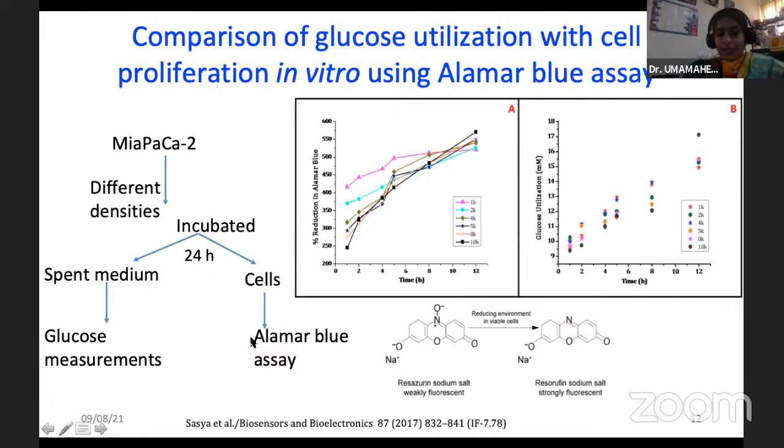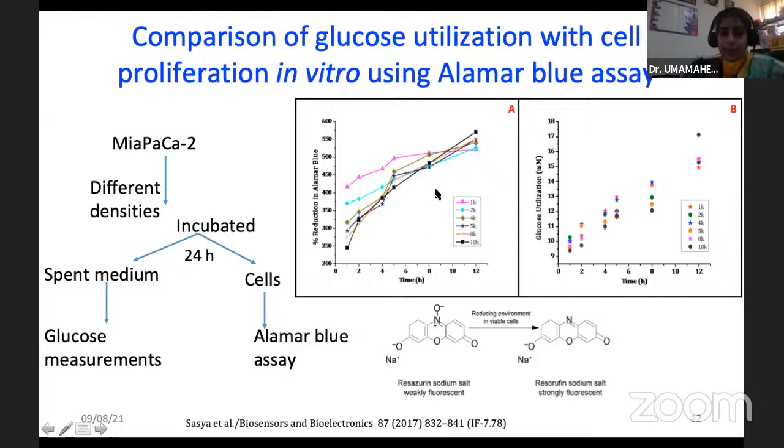So this is telling you how the Alamar Blue assay, and for the same set of cells, how the glucose utilization is changing. You could see that there is a linear profile that is obtained when we are looking at the glucose measurements, whereas there are quite a lot of fluctuations when we are looking at the Alamar Blue assays.